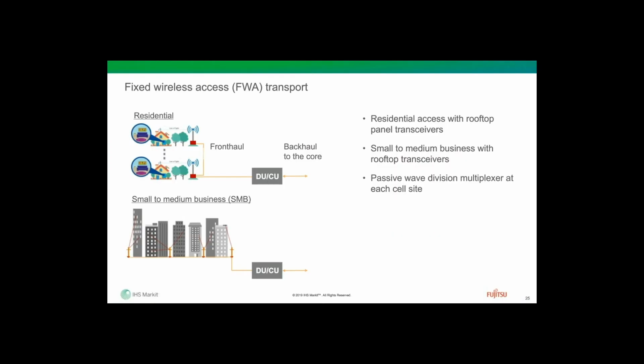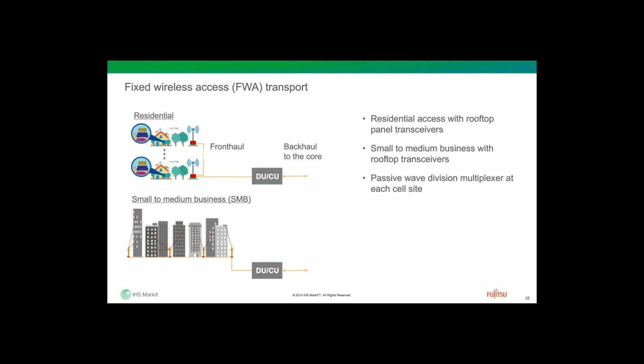Great. Thank you, Richard. Well, we mentioned before, fixed wireless access is probably the target application for millimeter wave access. Here I'm showing an illustration of fixed wireless access transport for high-speed internet service to residential and small to medium business use cases. The residential and small to medium business buildings will have outdoor antenna arrays that are small, about the size of a small laptop computer when closed.